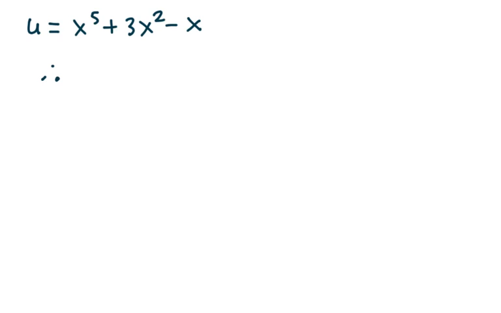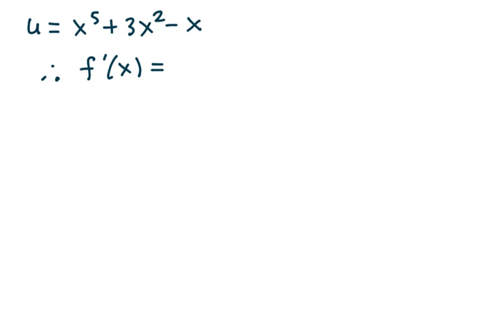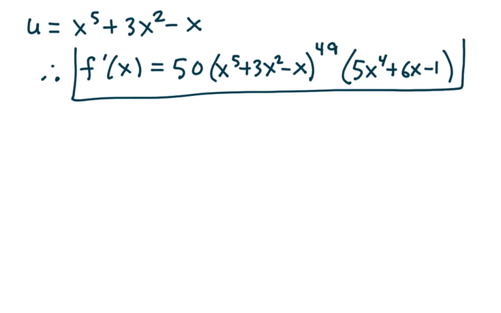And so what that says is f prime of x is going to be 50 times u, but u is x to the 5th plus 3x squared minus x, raised to the 49th power, times the derivative of u with respect to x, which is 5x to the 4th plus 6x minus 1. And that right there is how you do the chain rule.